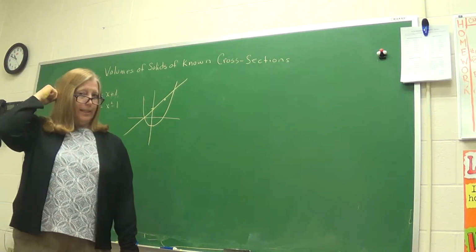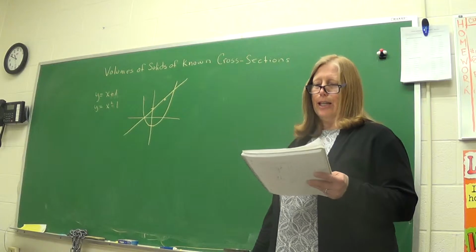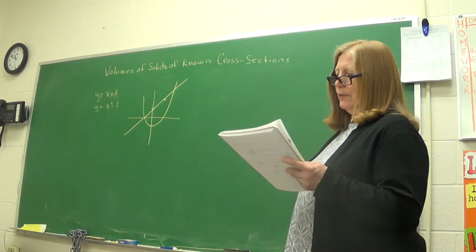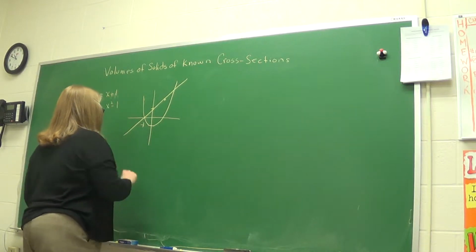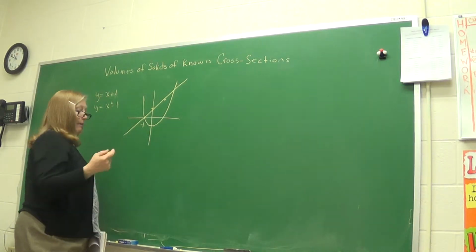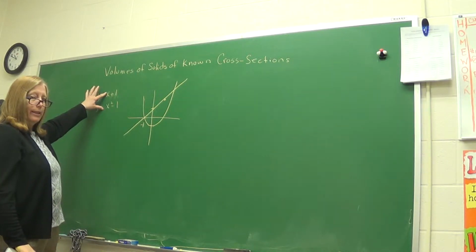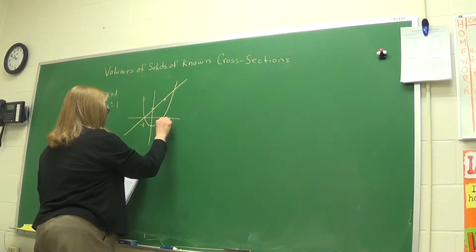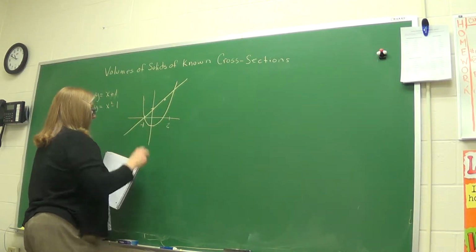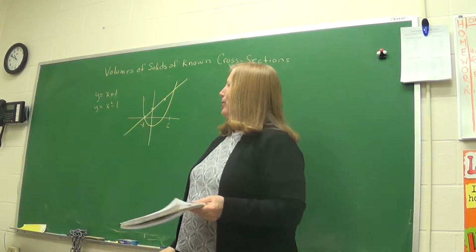So we always need to know the intersection points. I noticed that this one intersects at x equals -1, and I'll let you do the algebra when you have to do your own problems. You're just going to set these two functions equal and solve them for x, and it happens again at x equals 2. Not taking extra time on that, you are algebraically prepared to do that on your own.